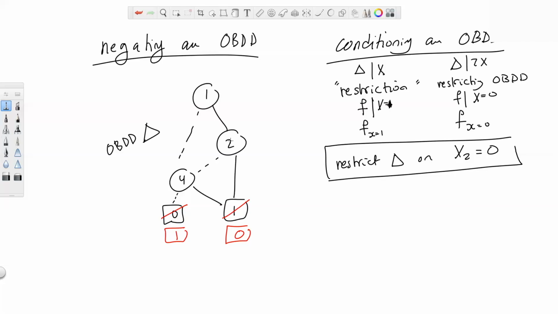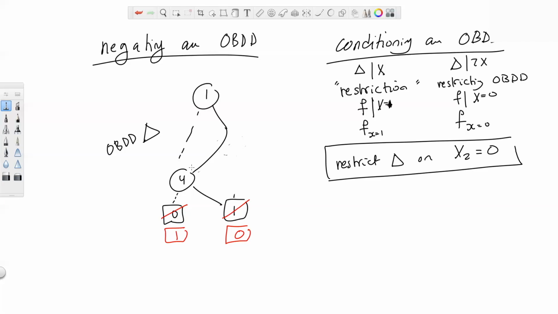Well, then I remove this test, right? And then I direct that guy directly there, okay? So people are saying redirect incoming arrows towards the low child, and that's what we did. And that's an OBDD, right?